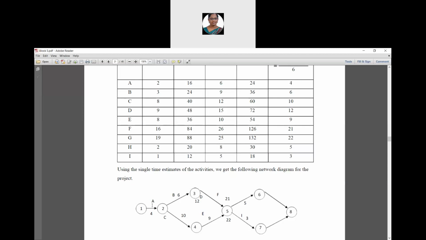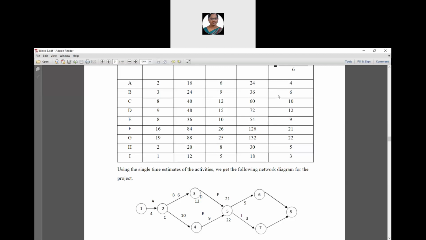Its activity name is A and its time duration value is 4. Then draw a path from node 2 to node 3. Its activity name is B and its time duration value is 6.